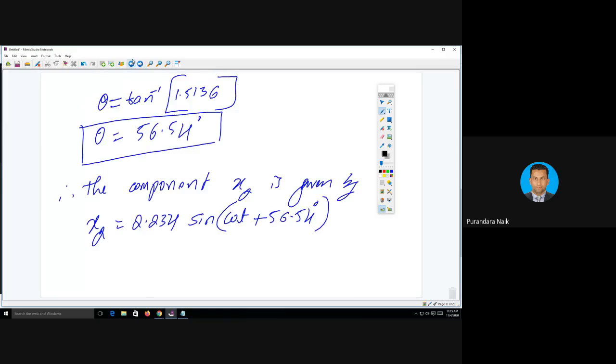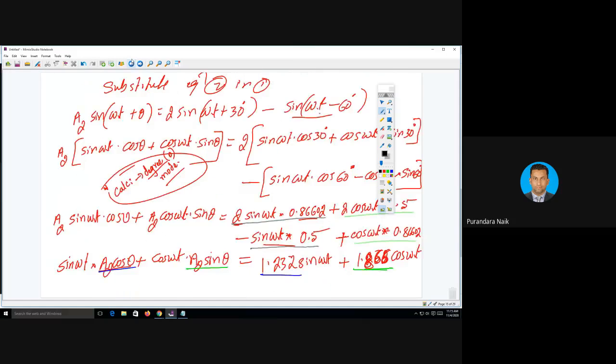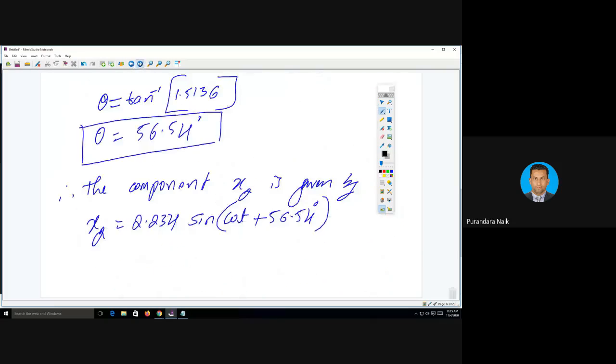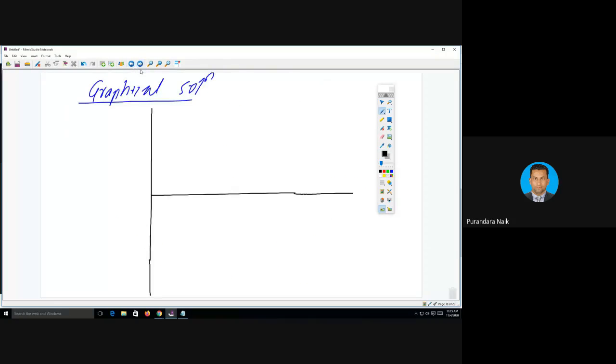The negative value is there because here the x2 equation is minus, right? That's why you need to take the positive x-axis, positive y-axis as well as the negative y-axis. Scale 1:1.